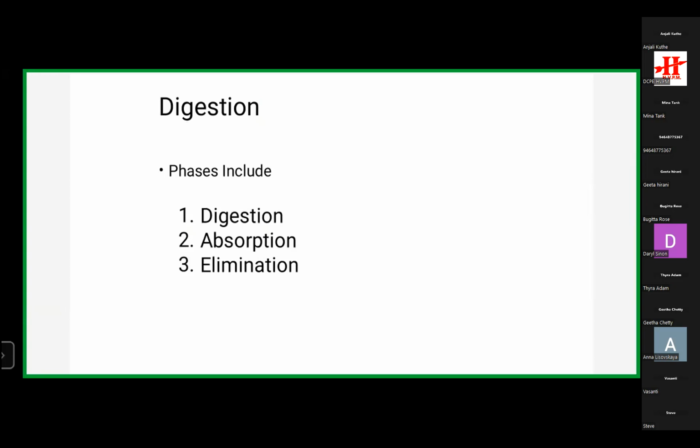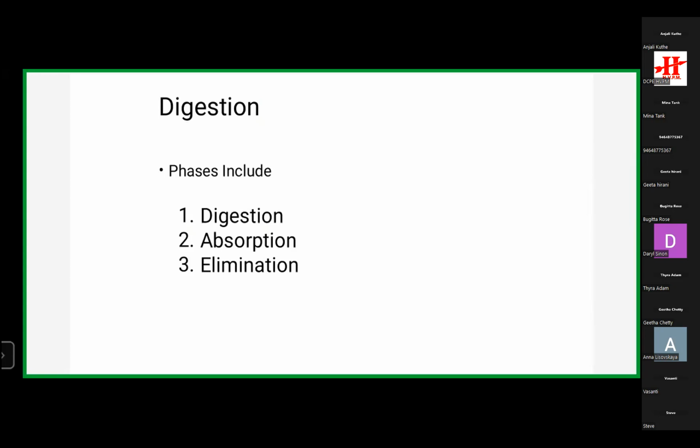Actually, what is the main function of the digestive system? It provides nourishment, because when we take food, that state of food is not used by our body. Our body needs it in a very simple form.